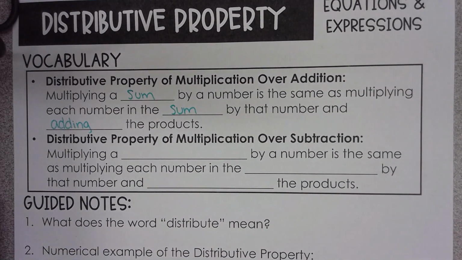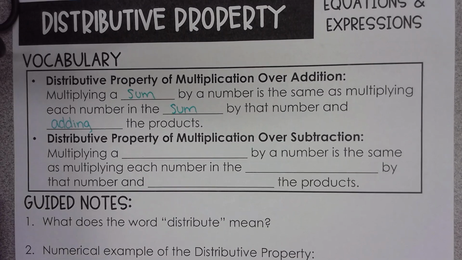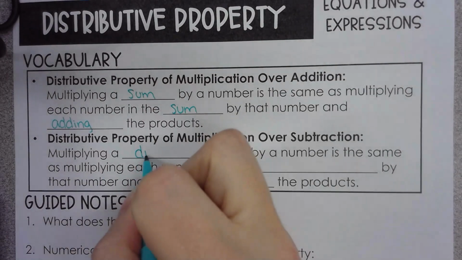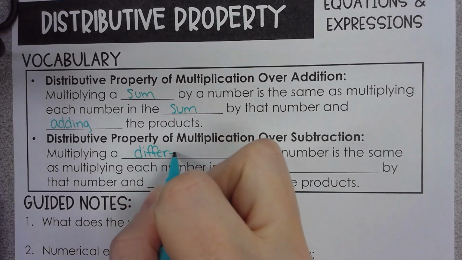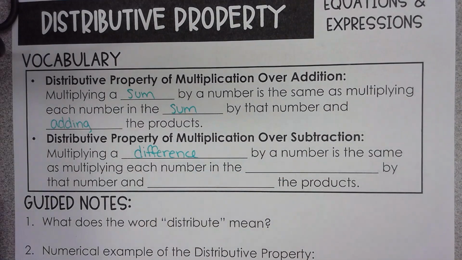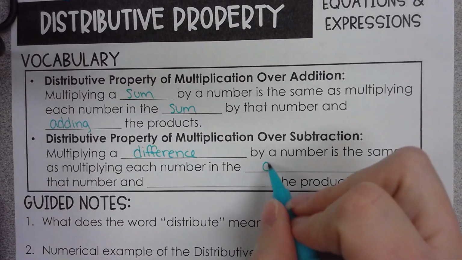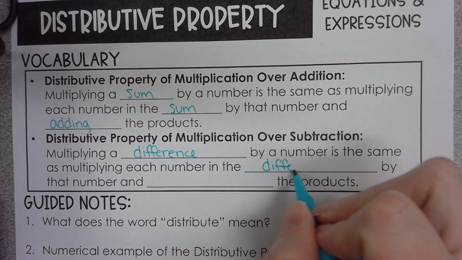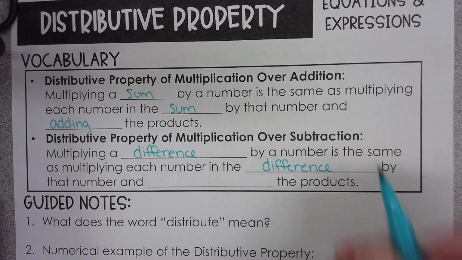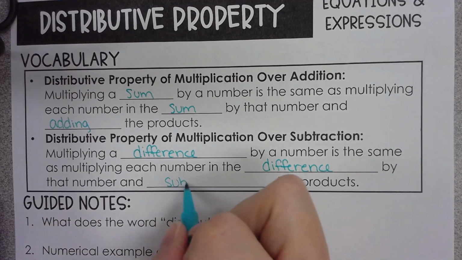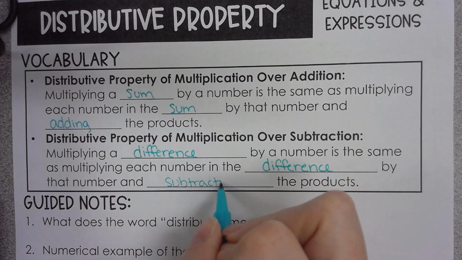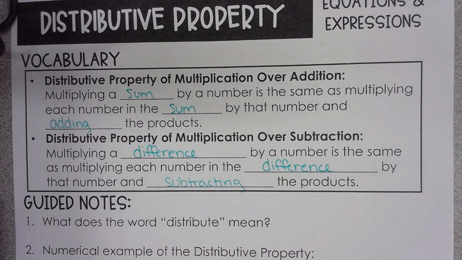When you use the distributive property of multiplication over subtraction, we're multiplying a difference by a number, which is the same as multiplying each number in the difference by that number and subtracting the products.